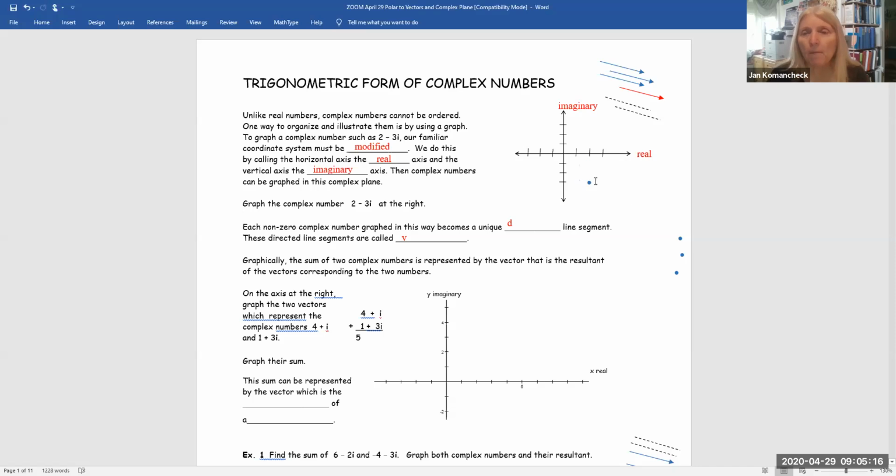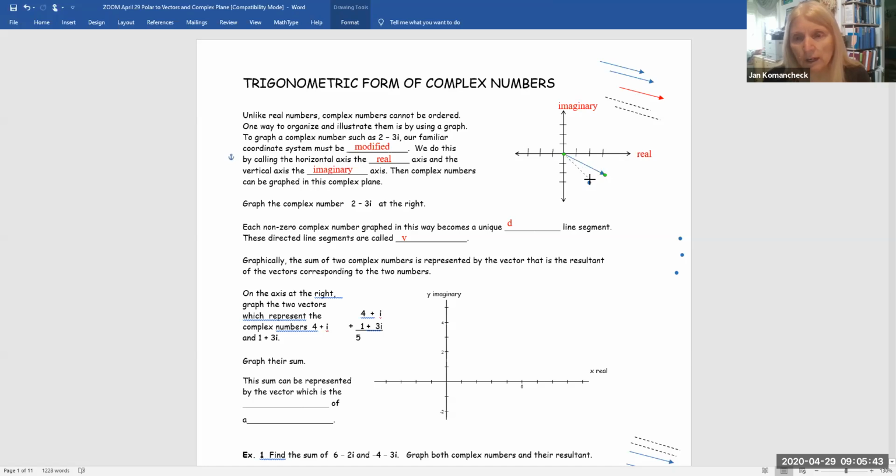Now, that point right there is not the complex number. It's a point, but it's not a complex number. What I have to do for graphing the complex number is take a ray and go from the origin, because otherwise that would be just like graphing an x in the xy plane.